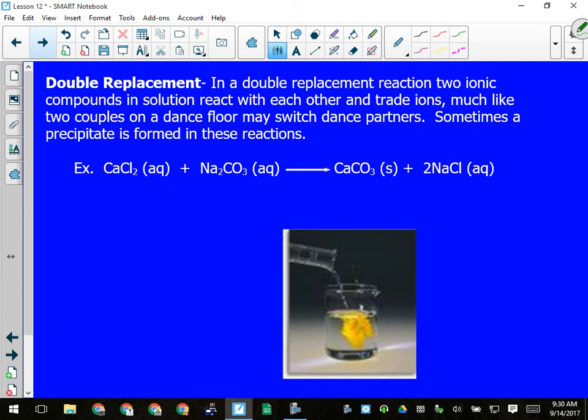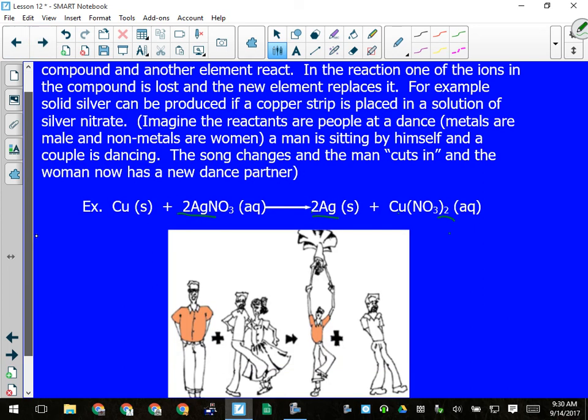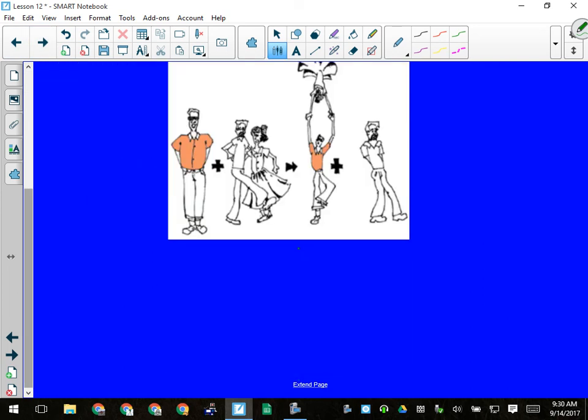Someone just asked, I just said the metals switch places, and somebody said, isn't that what happens in a single replacement reaction? In the last single replacement reaction, it is what happened. But here's the thing. I could have a single replacement reaction that looks like this instead.